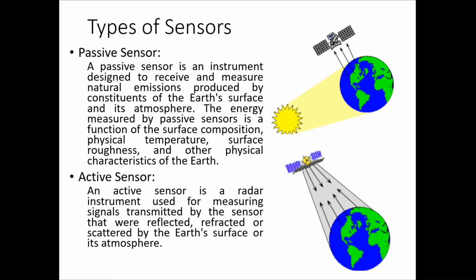Like in the daytime. In the night time, you cannot use passive sensors unless your sensor is in the thermal IR range, and the thermal IR range has enough energy being emitted from the surface features, right? So some of the earth's features absorb the sun's energy during the daytime when this energy is available, and at night they will emit this stored energy, right?